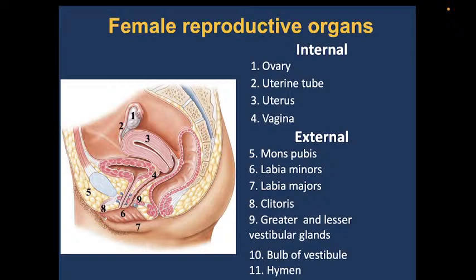And some of the internal hidden structure is called the bulb of the vestibule. This is a special organ.